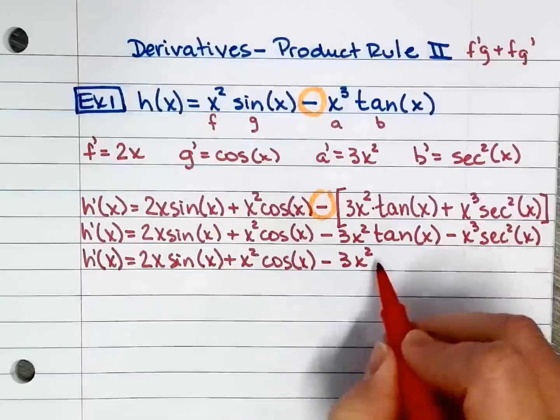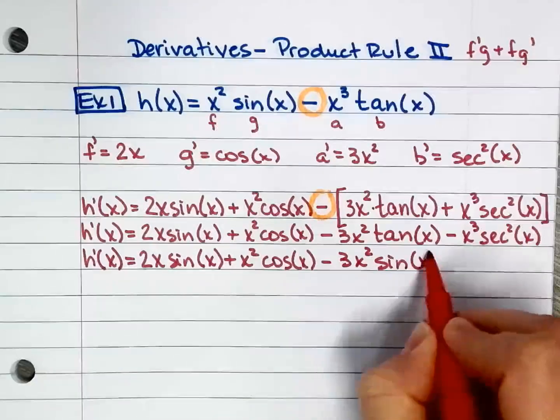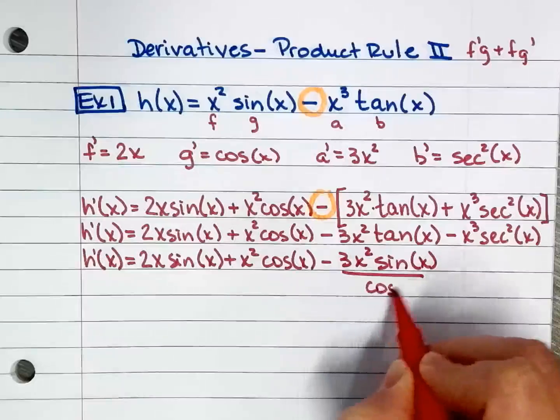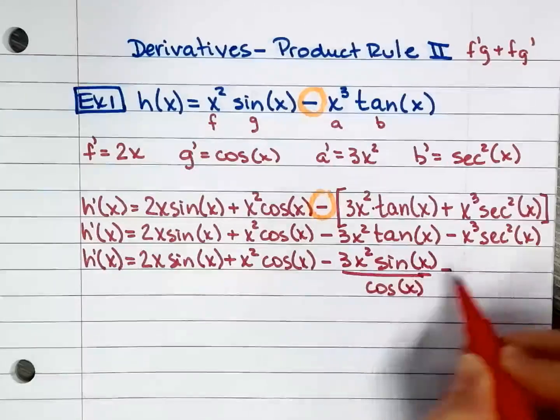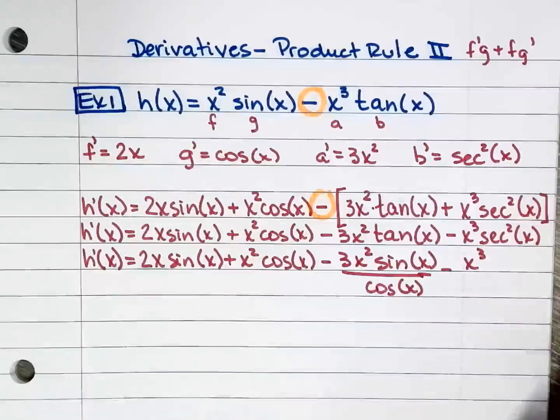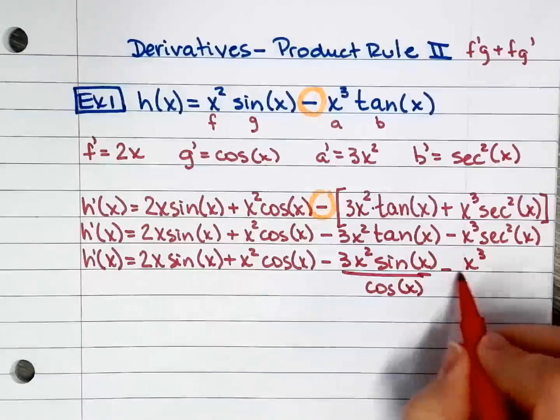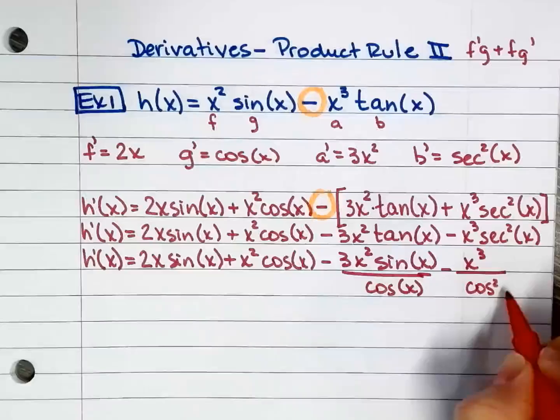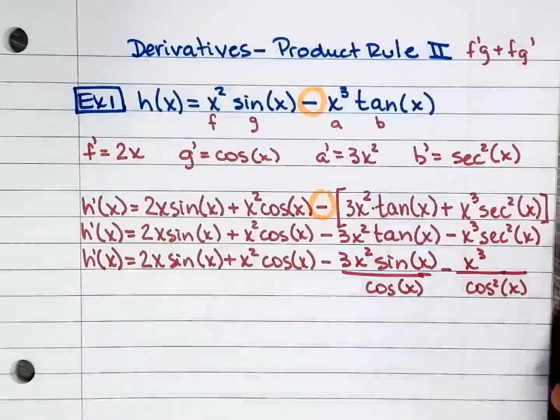So tangent is sine of x over cosine of x. And I know secant squared is 1 over cosine squared of x.